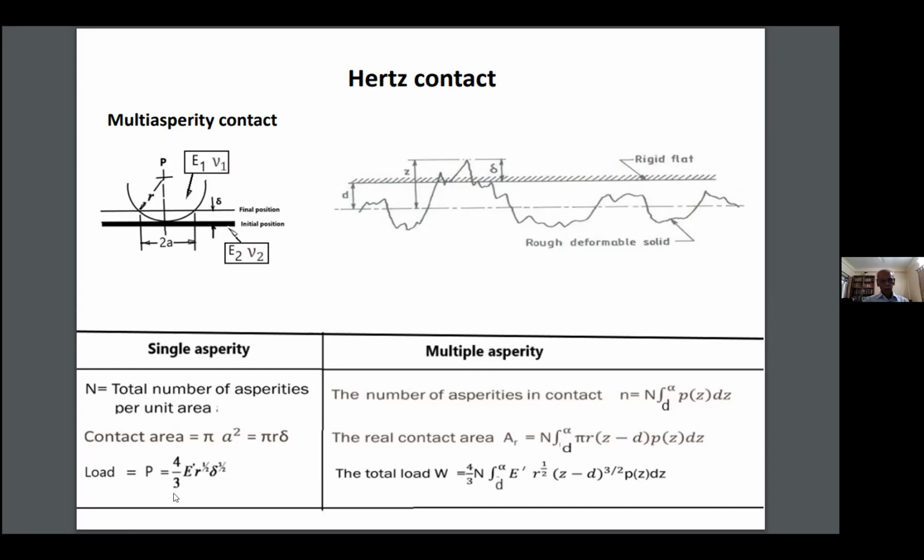Similarly, the load that is applied, we know, but that can be expressed in terms of the other variables.